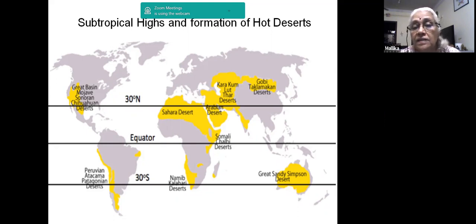So this is the reason why we have deserts in the world, because these are areas where the air is coming down from the upper troposphere, from cold and dry and becoming hot and dry, right? And that is where you have all the deserts. So this list of deserts is important for you to know.